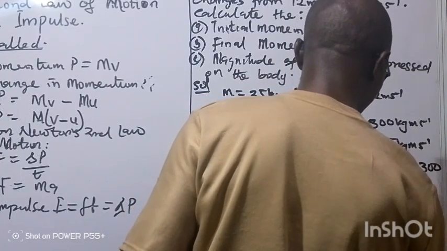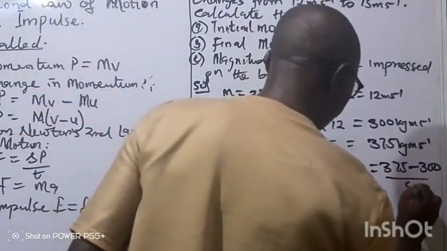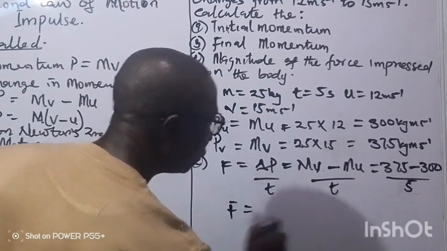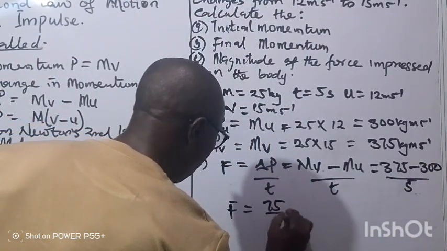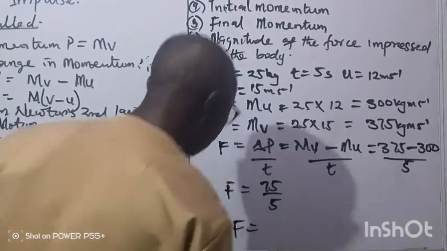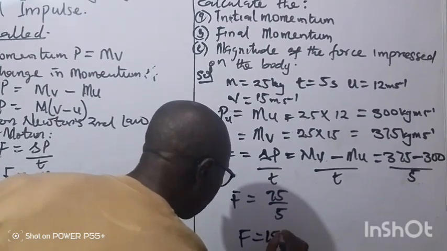Then the time taken, according to the question, is 5. So the force will be equal to 375 minus 300, that is 75 over 5. So the final answer, the force, will be equal to 15 Newton.